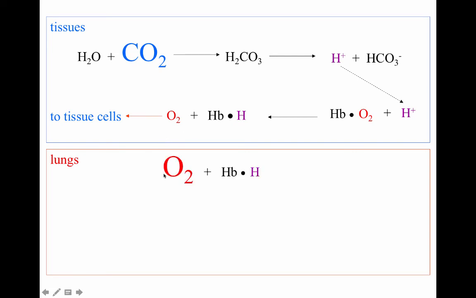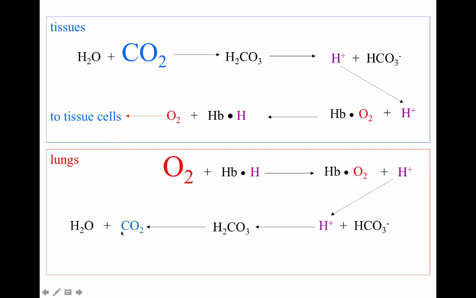Then in the lungs, we have a large amount of oxygen that comes in, and we have our hemoglobin with hydrogen on it. Oxygen displaces that hydrogen on hemoglobin, so our blood becomes somewhat more acidic until hemoglobin meets up with bicarbonate, moves into carbonic acid, and then dissociates into CO2 and water, where we can expire CO2 and respirate that out.